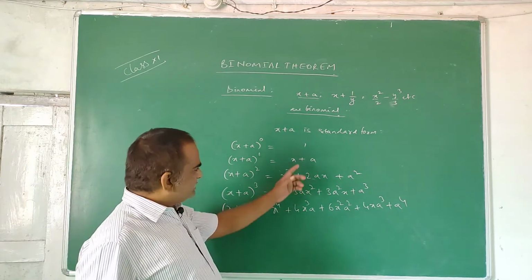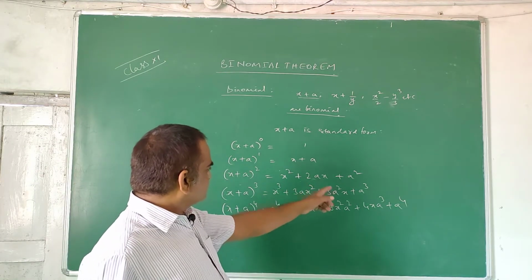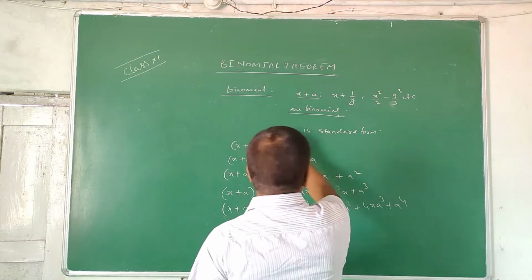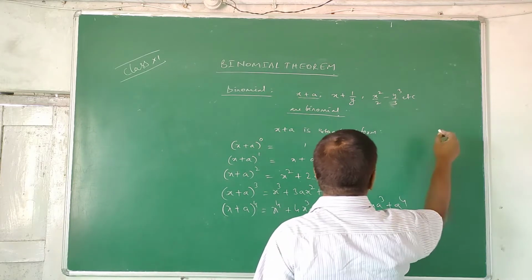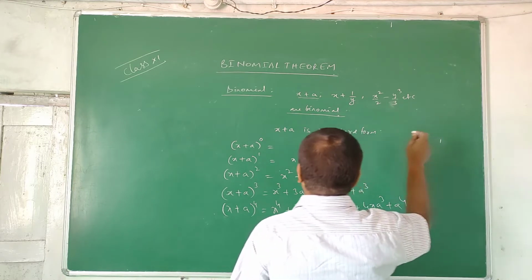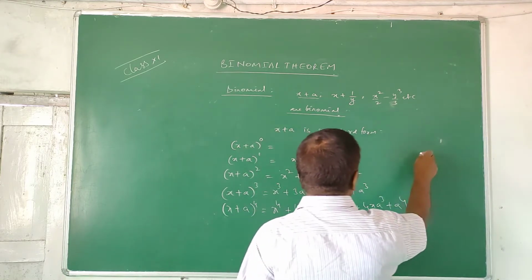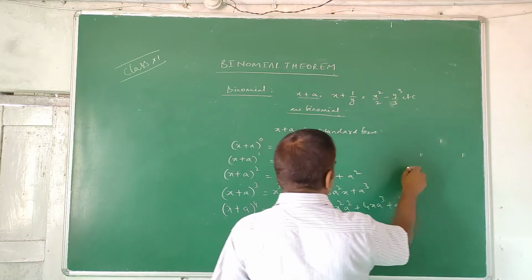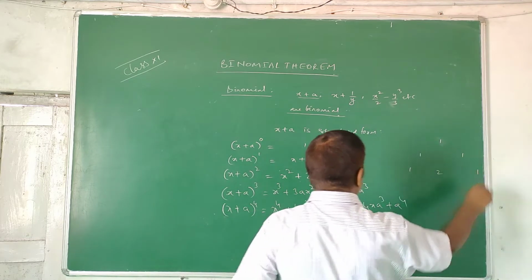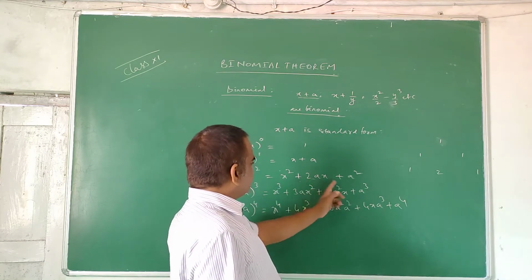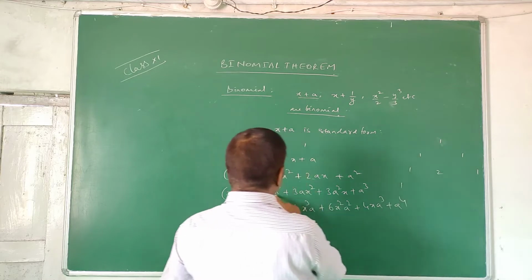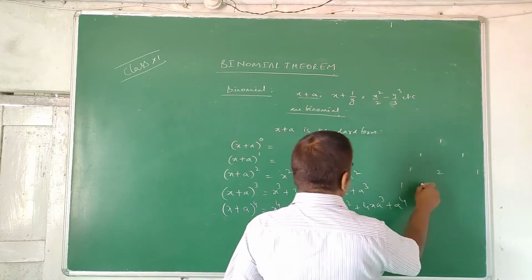Now if you observe the coefficients, when the index is 0, the coefficient is 1. When the index is 1, the coefficients are 1 and 1. When the index is 2, the coefficients are 1, 2, 1. Are you following? When the index is 3, the coefficients are 1, 3, 3, 1.